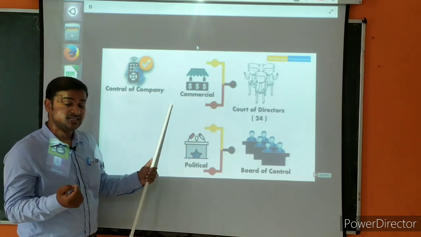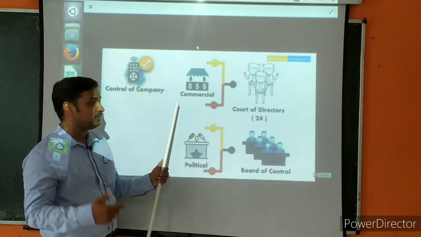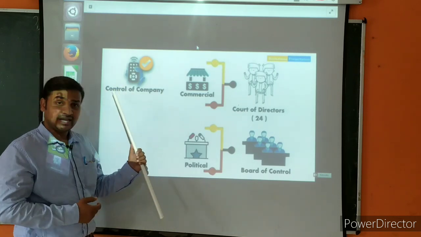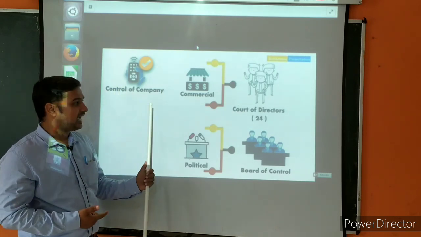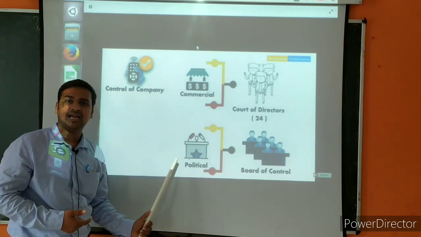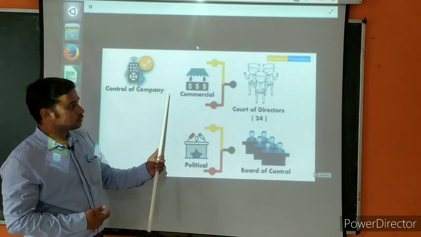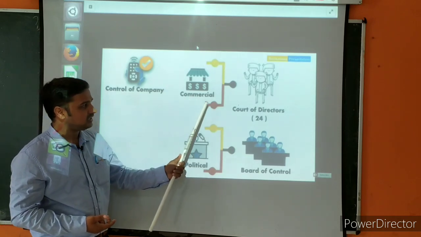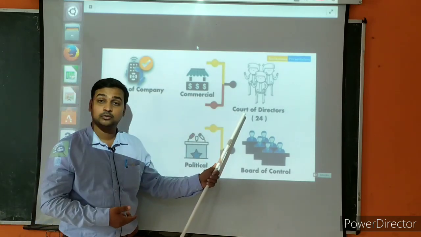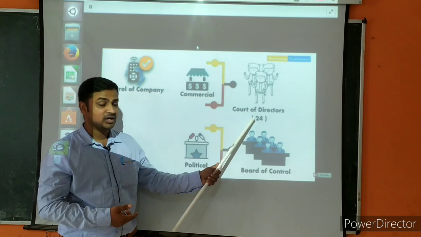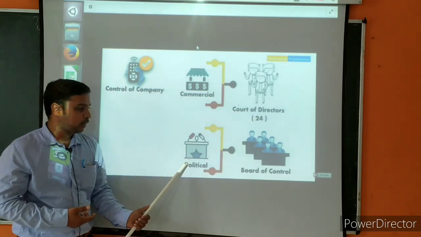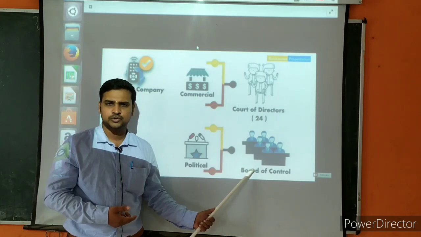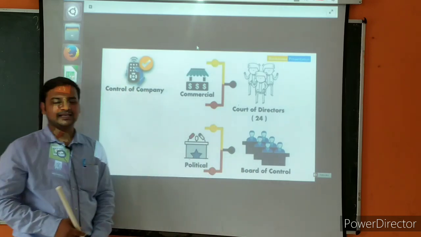So the difference, it can be asked in your examination, that differentiate between regulating act and Pitt's India Act in terms of commercial and political issues. So you can straight away tell anyone that commercial issues were controlled by court of directors, the number 24 itself, and political issues were controlled by board of control. Let us move towards the next slide.